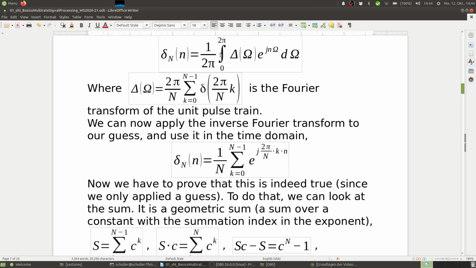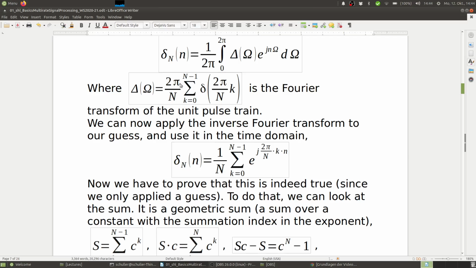So what's left of this integral is the frequency points at frequencies 2 pi over n times k, and this k runs from 0 to n minus 1. So this integral here turns into this sum, right?